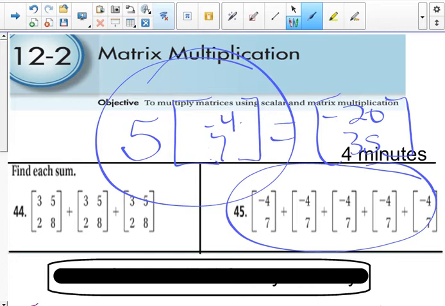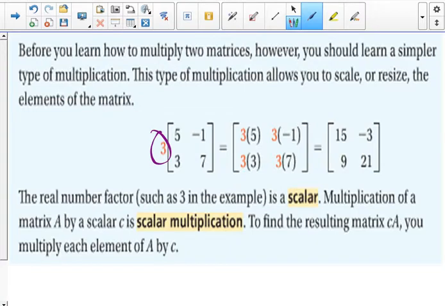Are there any questions about how to do this and what it means? You okay? Question? Okay. All right. Let's move forward. All right, so a real number factor such as the 3 that we put outside, that we're going to multiply everything inside the matrix by, that's called a scalar.